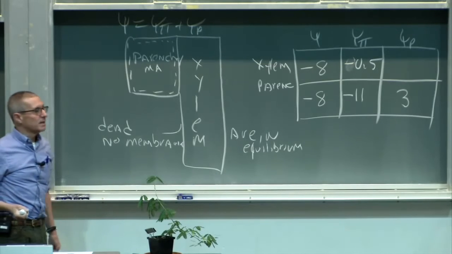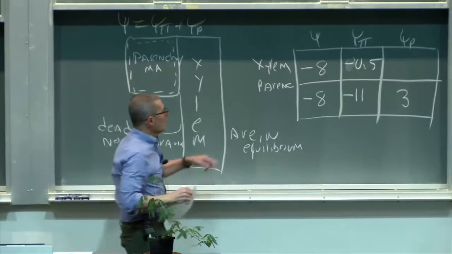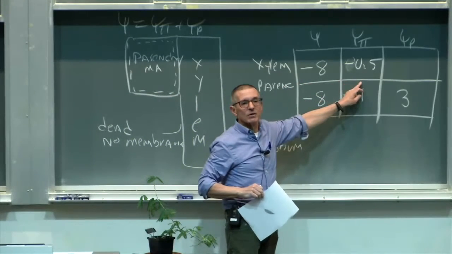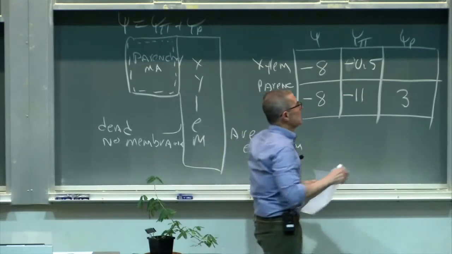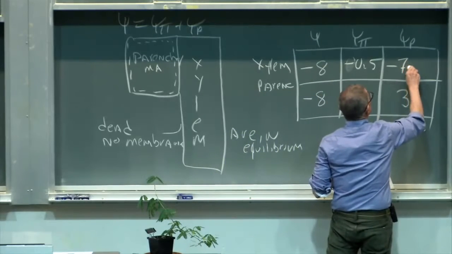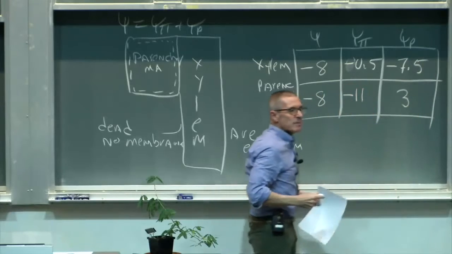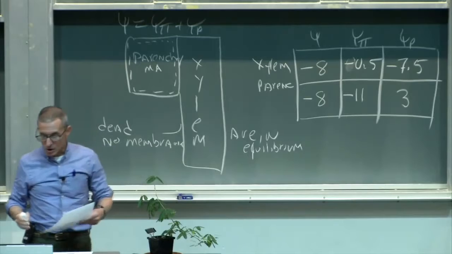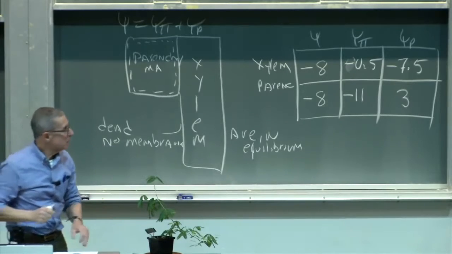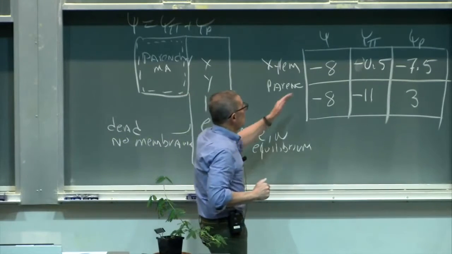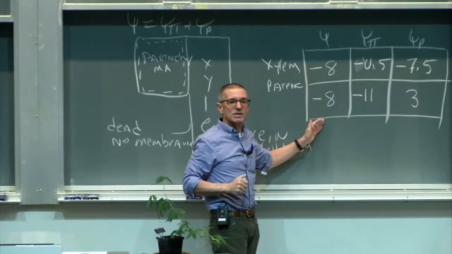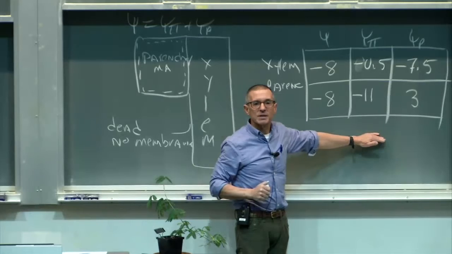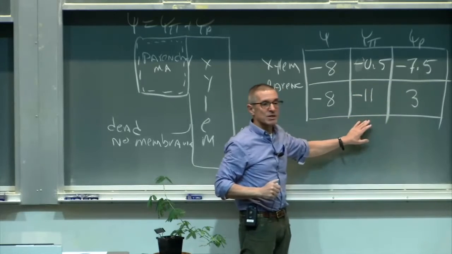What this means then is that in order to have a water potential of -8, if you have a very dilute solid concentration, that means that psi sub p has to be -7.5. And this -7.5 is the tension. So the point that you should get out of this table is, although the water potentials might be the same for these two cells, the reasons for the water potential being the same, that is, the components, are different.